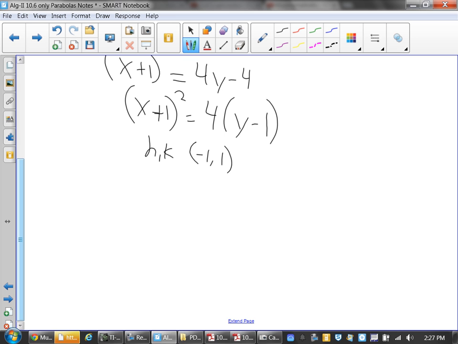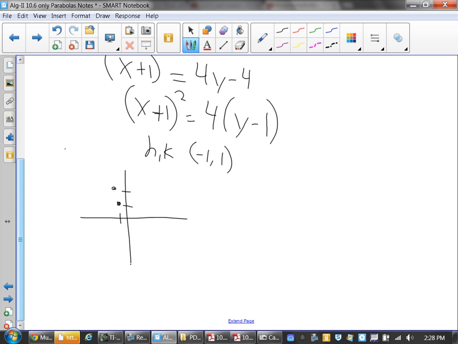Up. We knew that because this value was positive. What's my p value? 1. Very good. How do you know? 4 times 1, 1. Yeah, h and k are negative 1 and 1. It's x minus h.